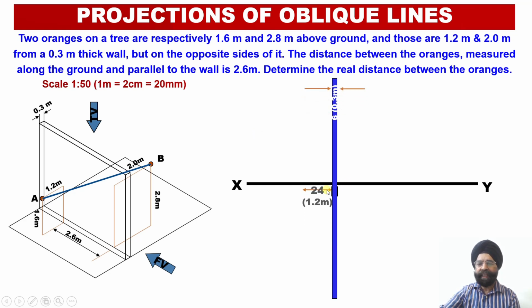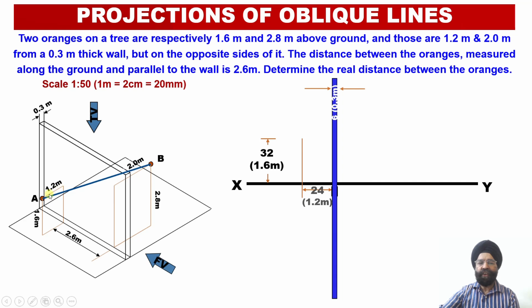So we have to mark this distance of 24 millimeter on the left hand side, which corresponds to a distance of 1.2 meters. And from here we have to mark a distance of 32 millimeter above the XY reference line or above the ground. This distance of 32 millimeter corresponds to the height of 1.6 meter.